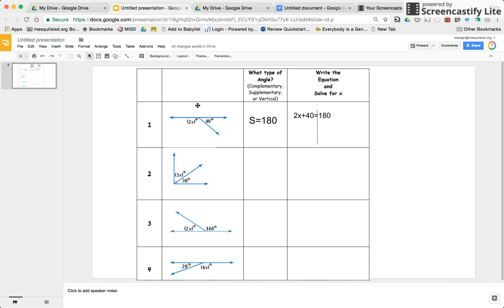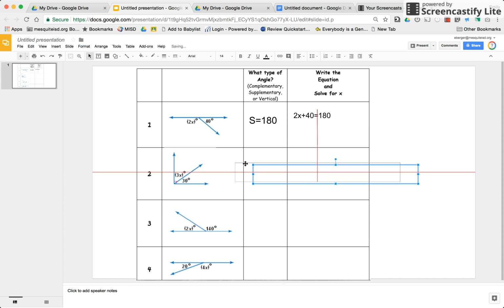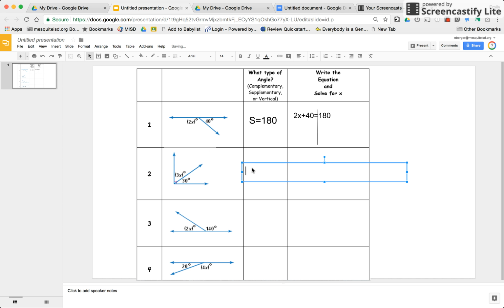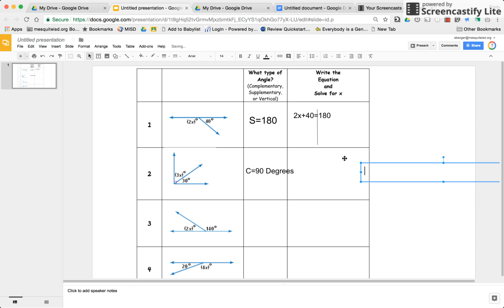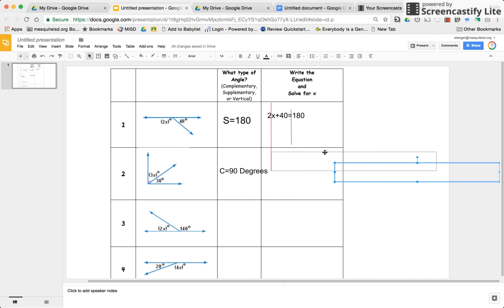Number 2, does number 1 look like number 2? No, so we should not write that this is supplementary. It is complementary, which equals 90 degrees, because it has that right angle. Two angles that, when I add them together, equal 90 degrees. Now I have to write my equation and solve for x.